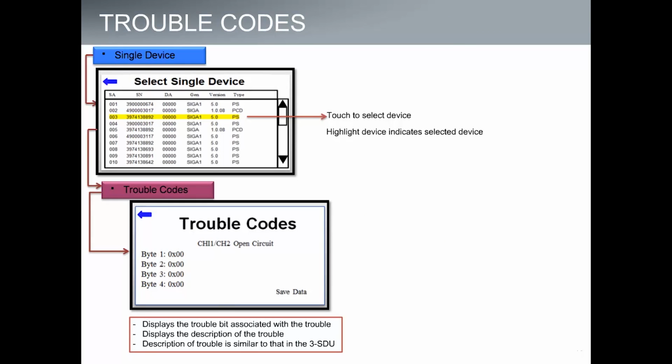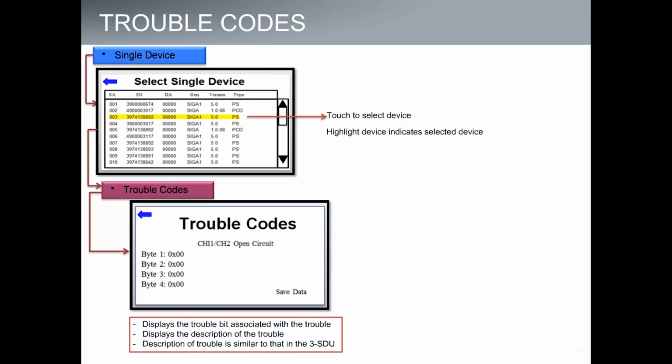Trouble codes. The trouble code function enables the user to understand the trouble condition, the possible cause, and a possible solution to resolve the trouble. Trouble codes are displayed during the restore loop execution. If trouble was identified during the restore loop function, you can press the Trouble Codes button.